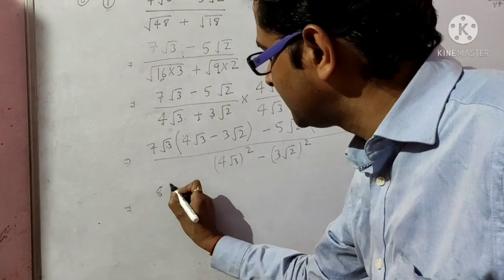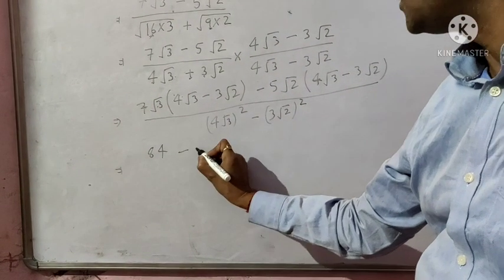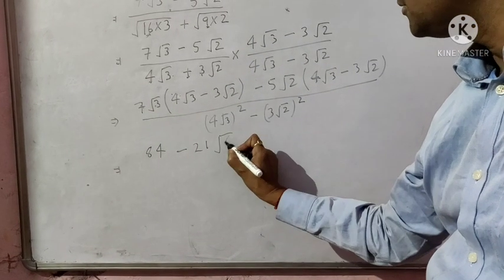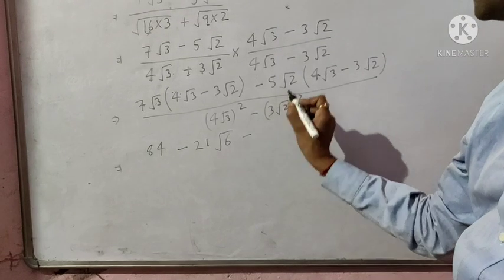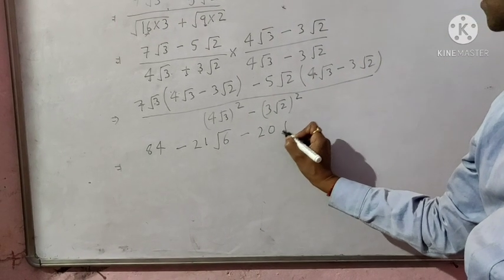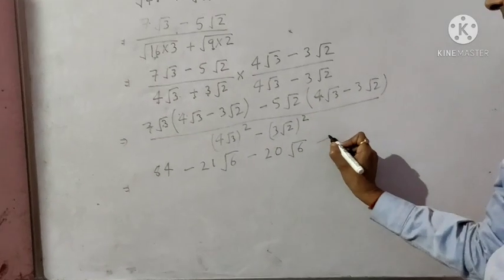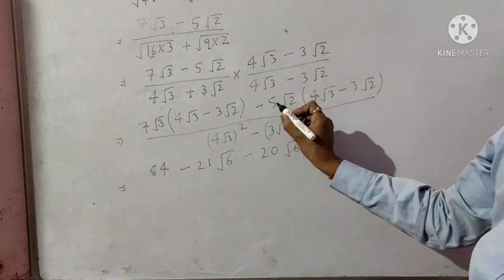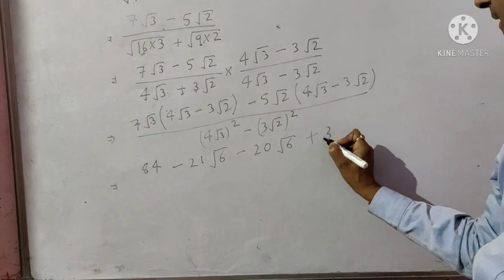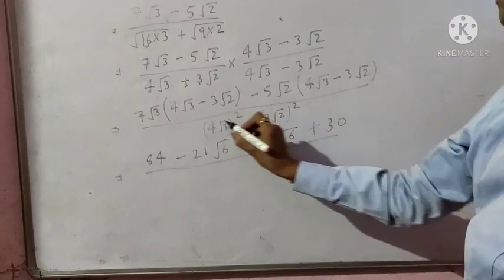So this value is equal to 84 minus 7 times 3 is 21 root 6 (root 3 into 2), minus again 5 into 4 is equal to 20 root 6, and minus minus, the sign is positive, and 5 into 3 is equal to 15, 15 into 2 is equal to 30, divided by this value whole square.